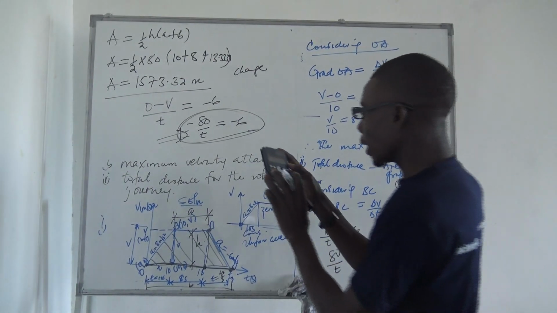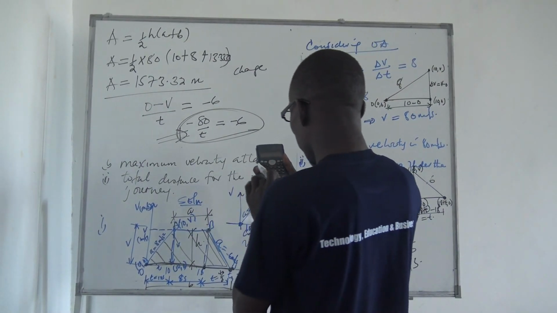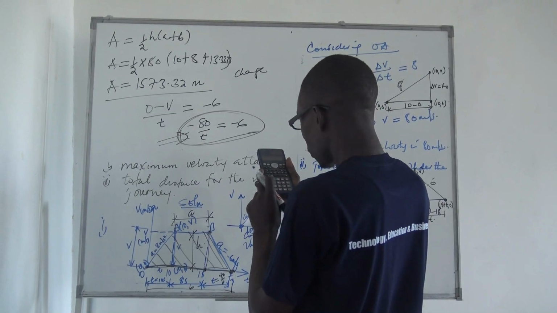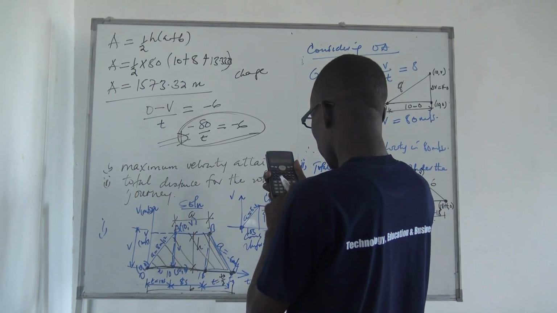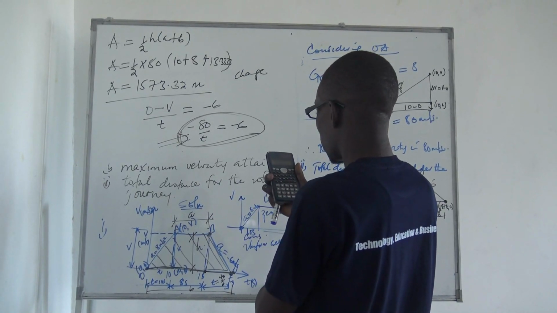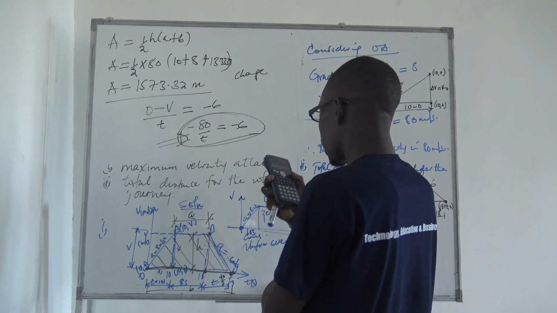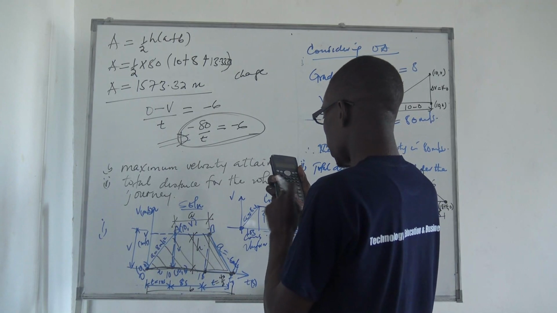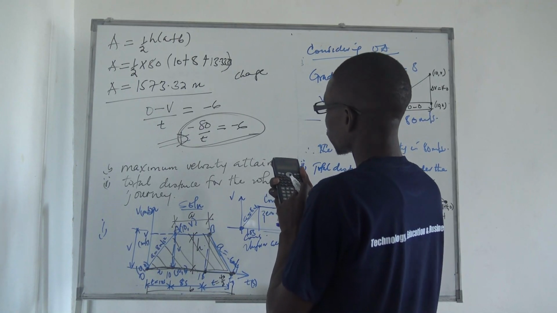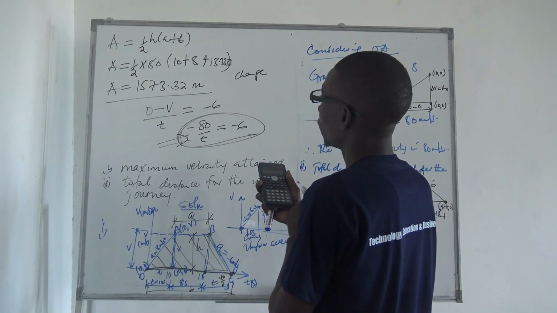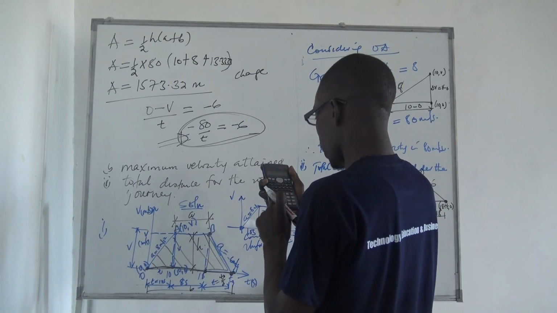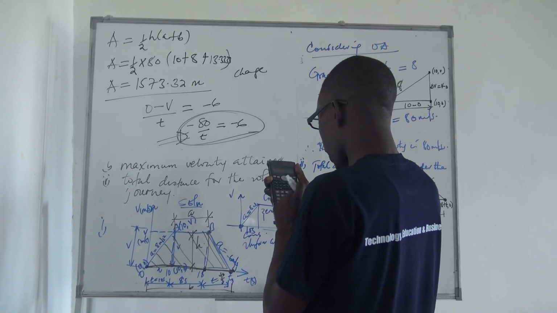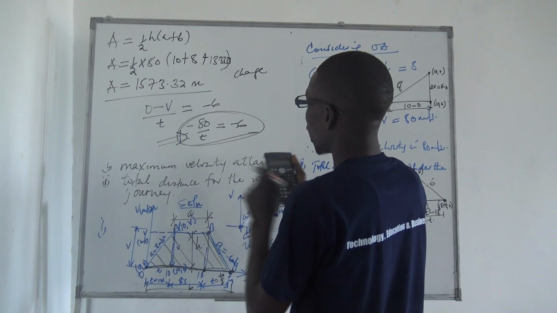So if you press that quickly, you will get 18 plus 13.33. You add that, and then you say times 80, and then divide by 2.